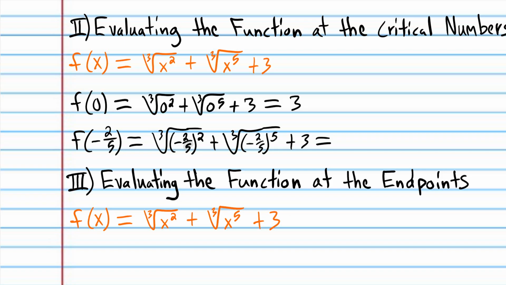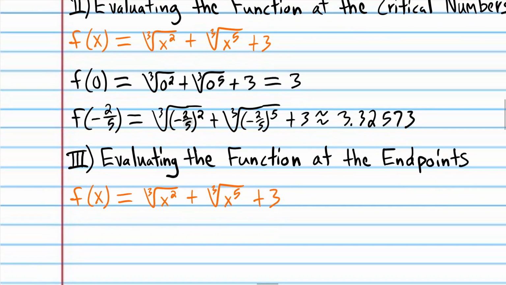And then the trace button, the calculate F4 trace button at the right, and then press enter on value. And then the negative symbol at the bottom right with parentheses around it. And then 2 divided by 5. You should have x equals negative 2/5. Press enter, and at the bottom right you can see we have approximately 3.32573.